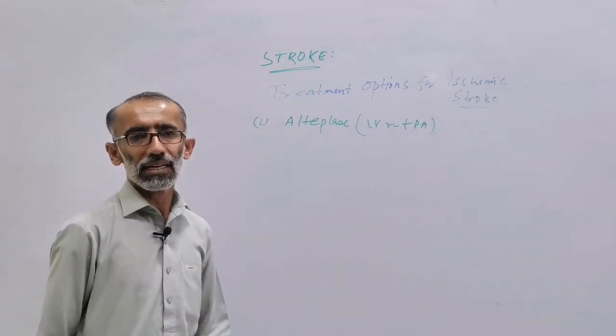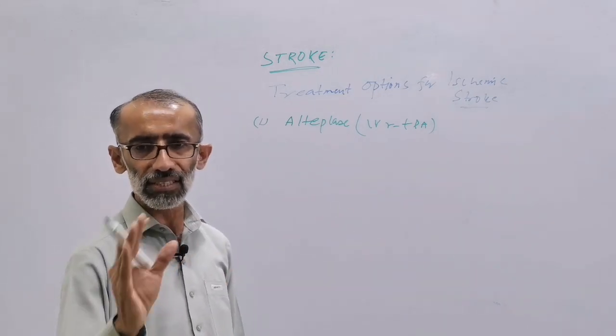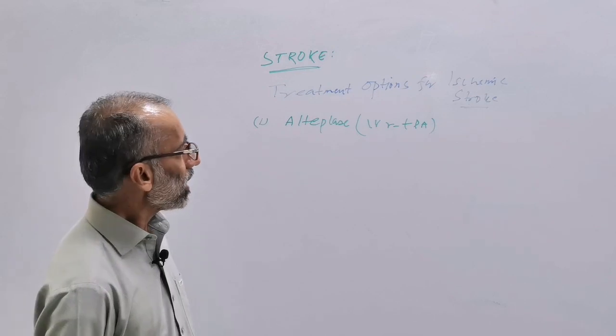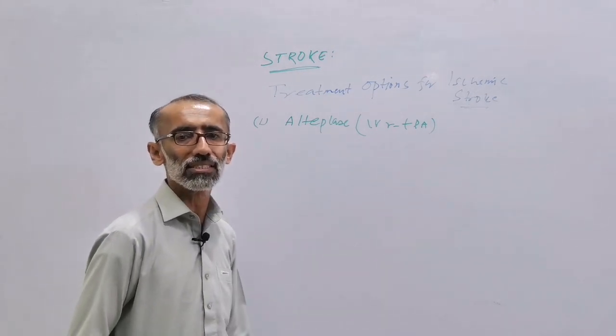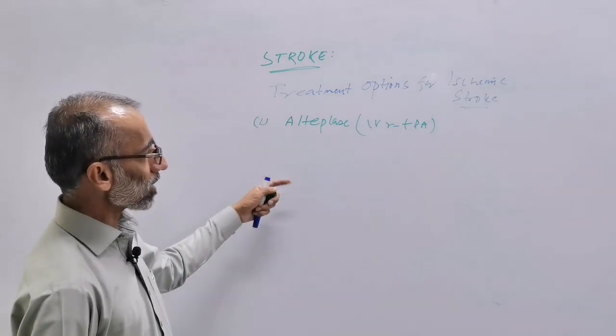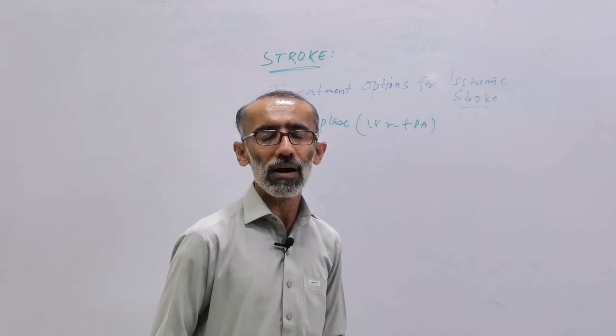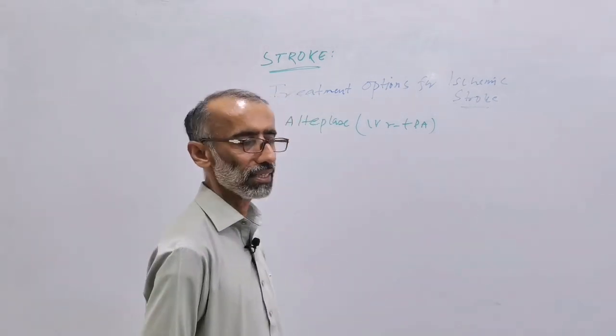Alteplase is a clot busting drug. It is an anti-clotting agent. It dissolves the clot and reduces the disability due to the stroke. And it maintains the flow of blood to the brain by breaking up the clot.